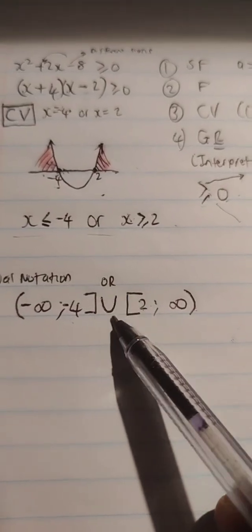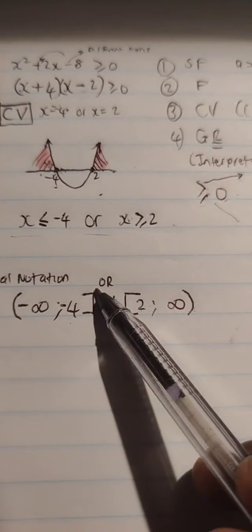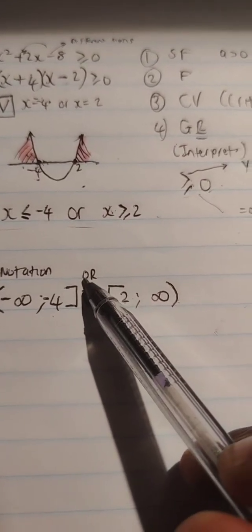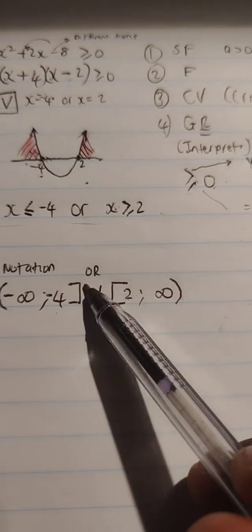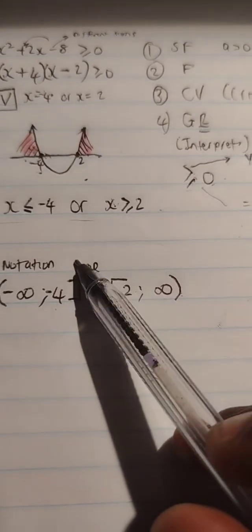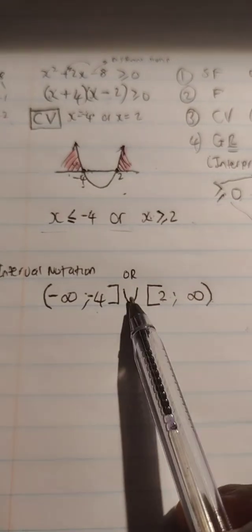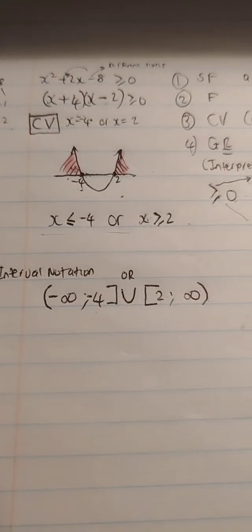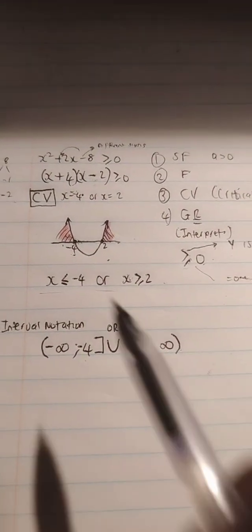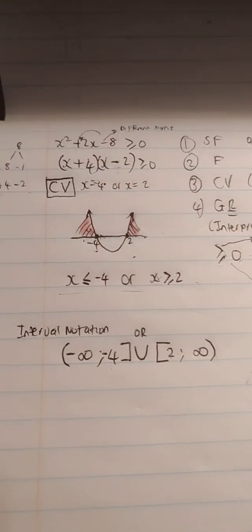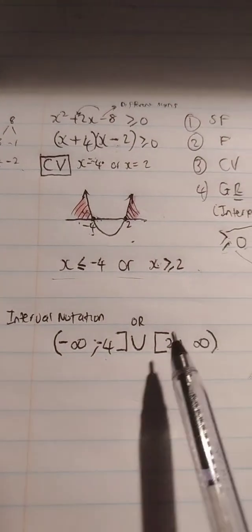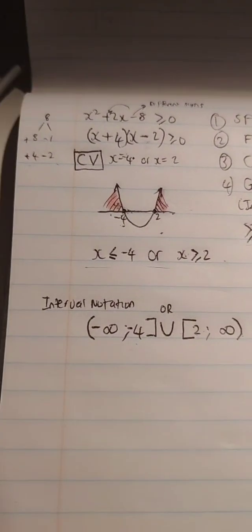And we write this symbol for union, or we can write the word or, which is the symbol we use in set notation. Okay, so guys, you can choose how to write the answer. You can write it either in inequality form or in interval notation.